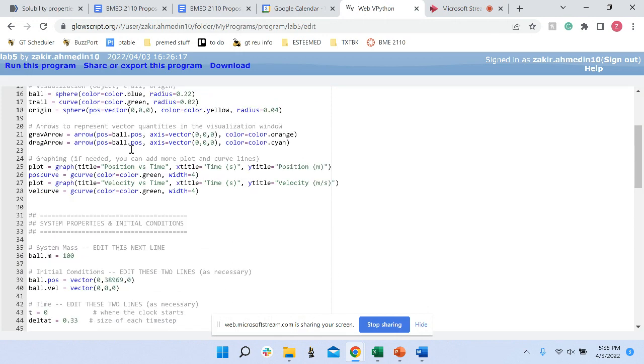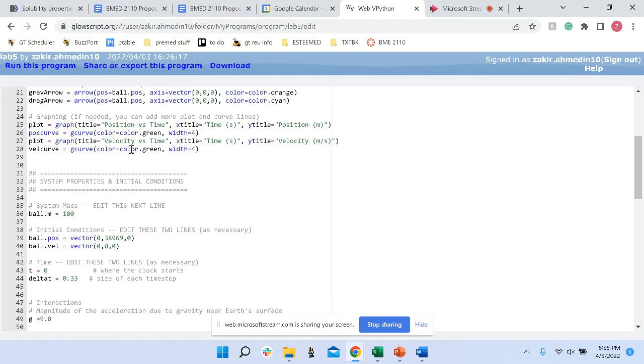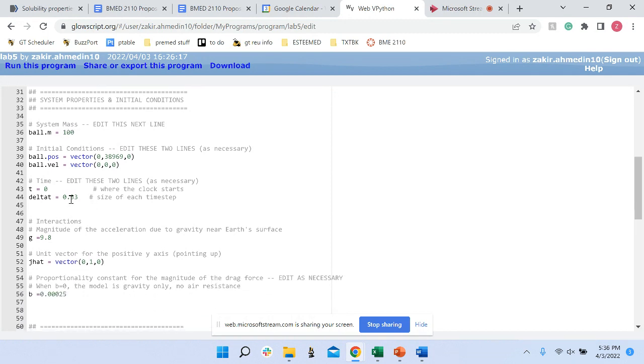It is very similar to the lab number 2 with drag force, except with a couple key changes. The initial position is obviously changed to 39,000 meters, and the mass of the object is going to be 100 kilograms. I also changed the time step to 0.33 seconds, so this code would run in a reasonable amount of time.